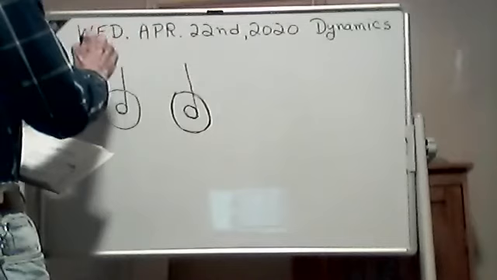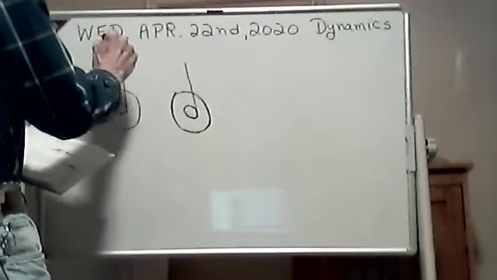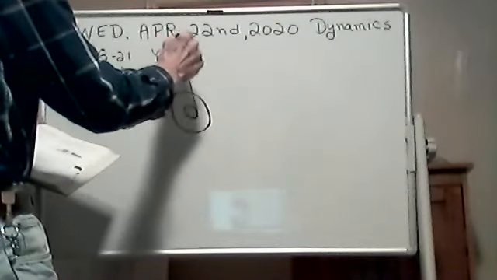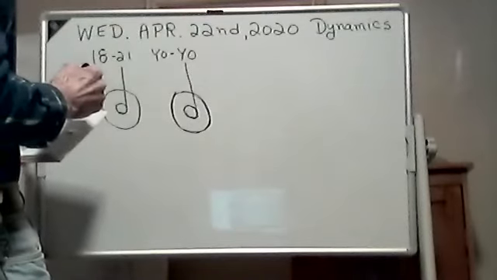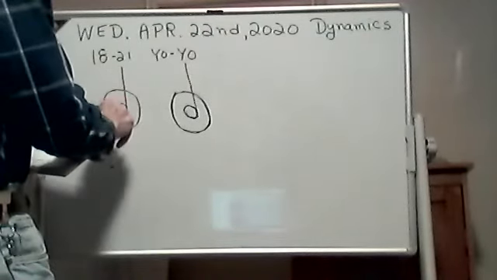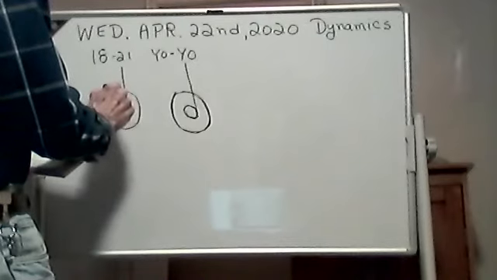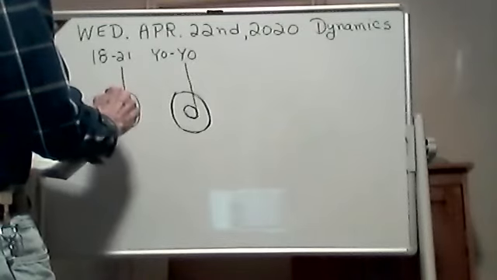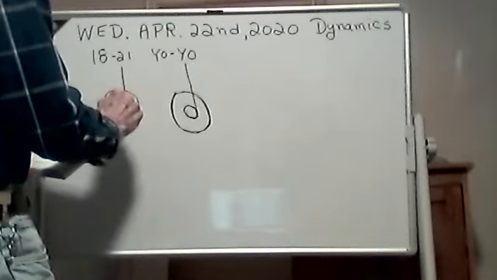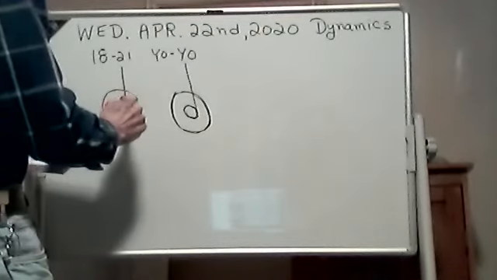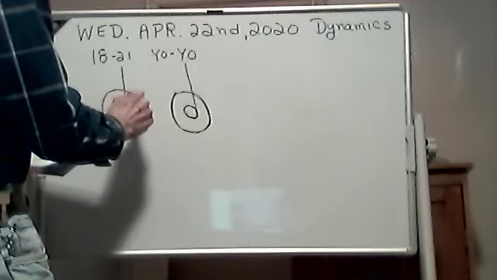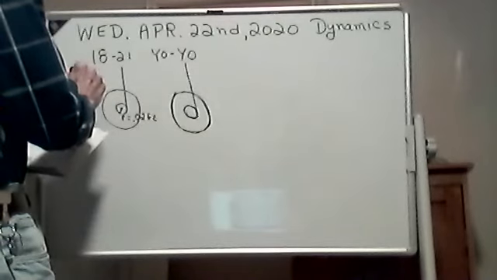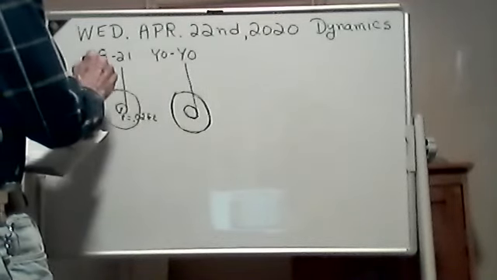Now this is problem 1821. It's the yo-yo. This has a radius r equal to 0.02 feet. It has a weight of 0.3 pounds.